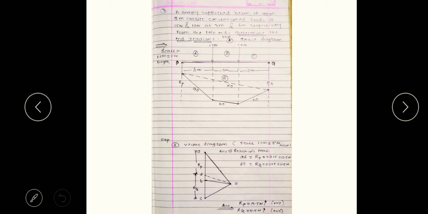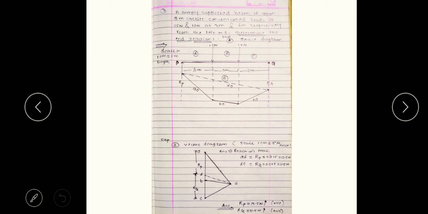After this we have to find out the D point, because already we got the line AB, we got the line BC, but we didn't get the lines CD and AD. So again come to the space diagram.